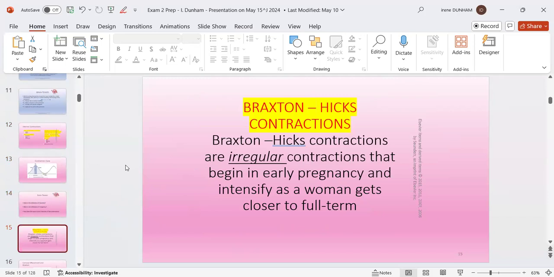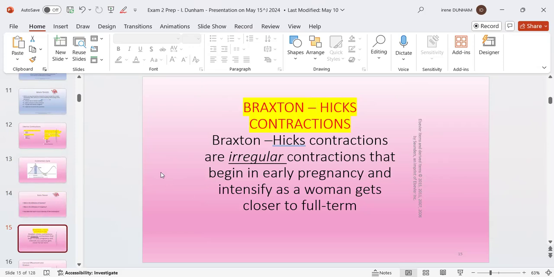Now, Braxton Hicks contractions, on the other hand, are irregular contractions that begin in early pregnancy and intensify as she gets closer to term. There's always a question about Braxton Hicks. What you have to remember is they're irregular contractions.